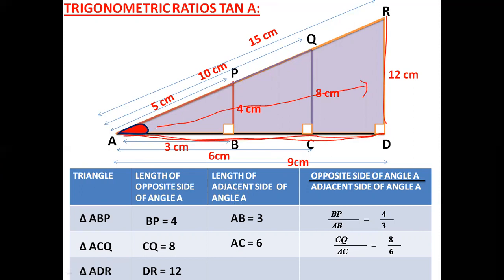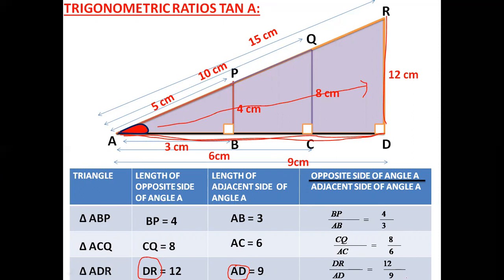AD is the adjacent side of angle A, so AD is equal to 9 centimeters. Now opposite side by adjacent side. What is the opposite side? Here DR. DR by what is the adjacent side? AD. So DR by AD is equal to 12 by 9.